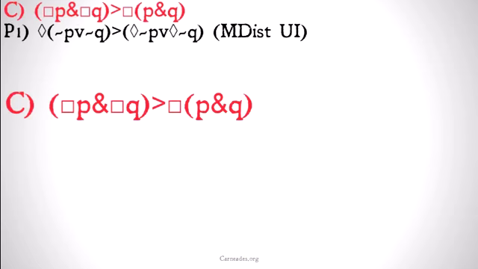Our next problem is exporting necessity across conjunction. So this is actually going to be really quick, as you can see by the size of it. We're going to first universally instantiate modal distribution. So one of the things that we proved earlier was that you could distribute possibility across a disjunction.